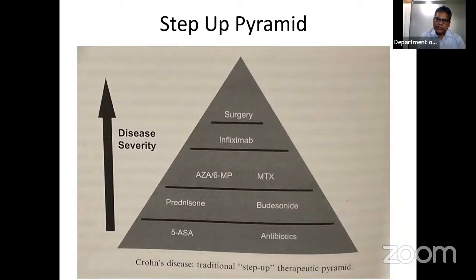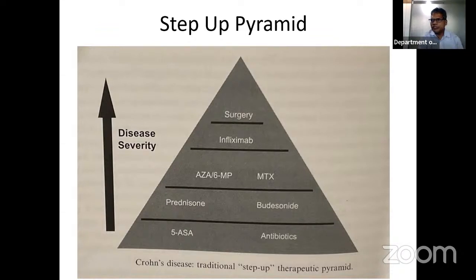But with the recent advent and good results of anti-TNF antagonists, there has been debate nowadays on choosing a step-up approach or a top-down approach in the treatment of Crohn's disease.